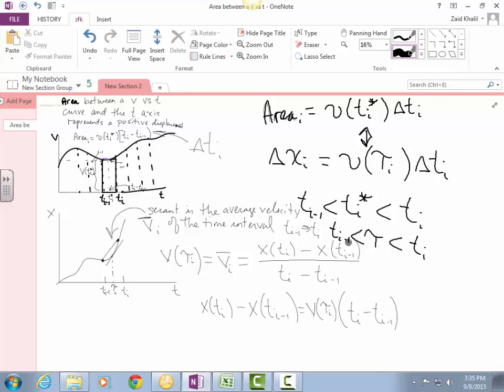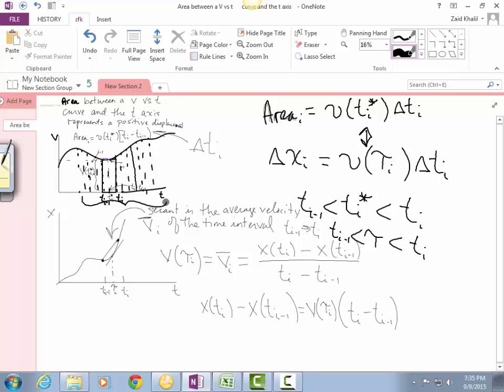You shrink your delta ti. Or in other words, you follow the same exact procedure, but increase the number of subintervals for which you're evaluating this. So here's your total interval that you're finding the area of.